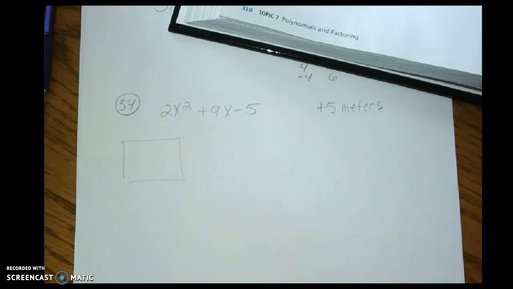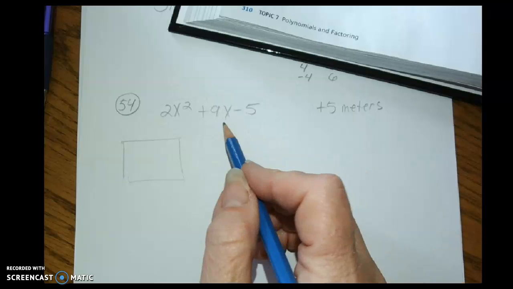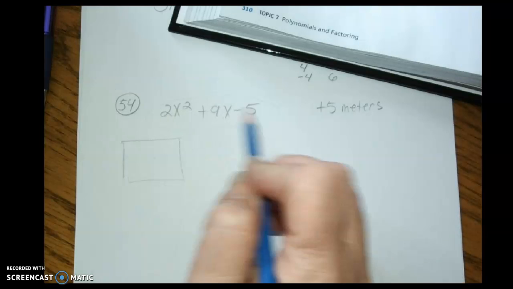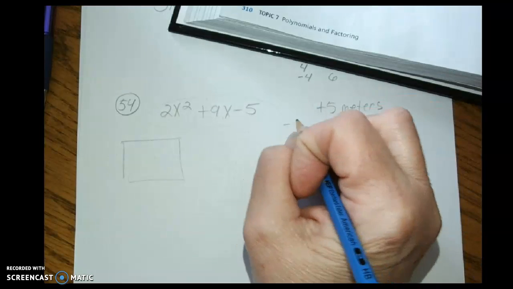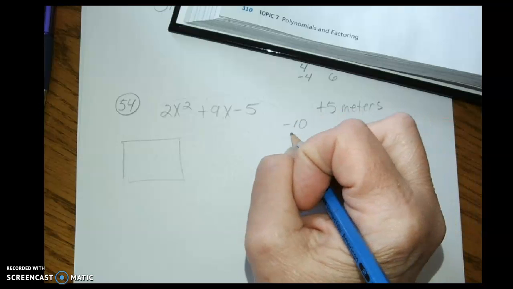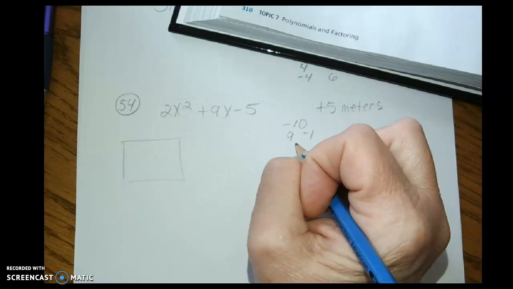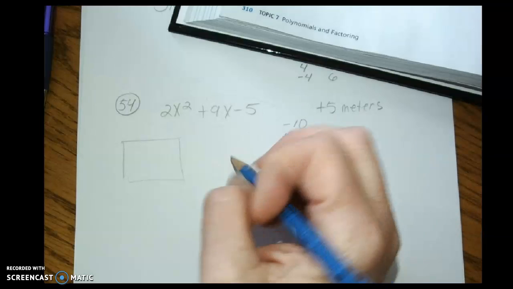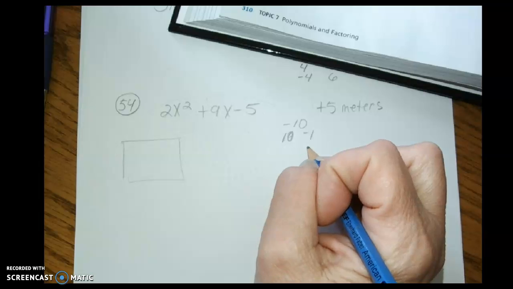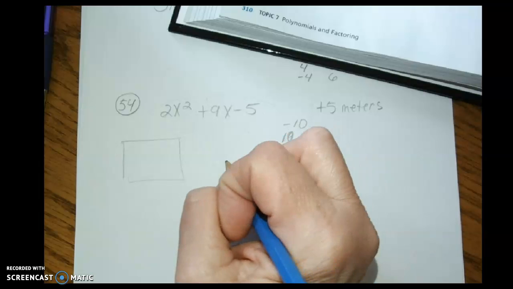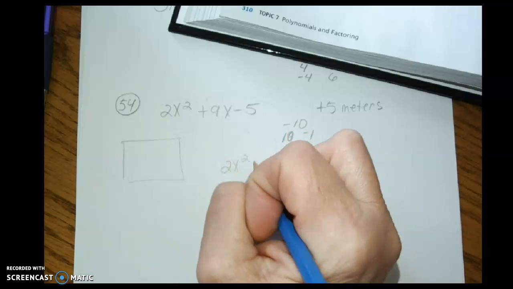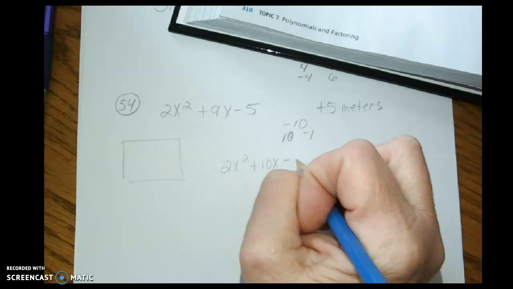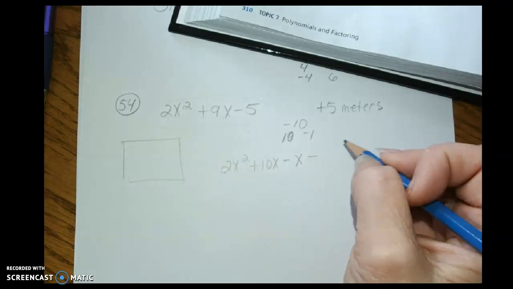So we're just factoring it to find out the 2 sides. So when we factor this, 2 times negative 5 is negative 10. And when I'm doing my factors, I'm going to do 10 times negative 1. So when I split this up, I will have 2x squared plus 10x minus 1x minus 5.